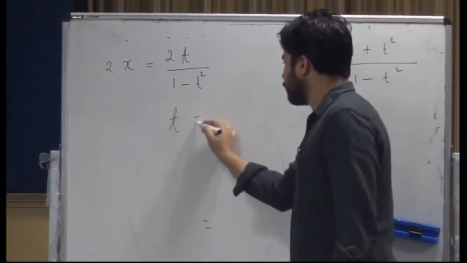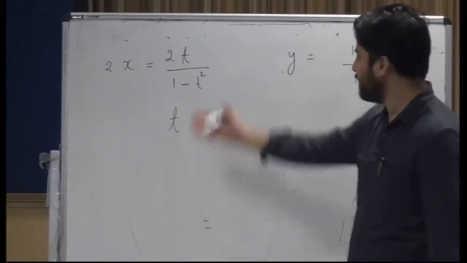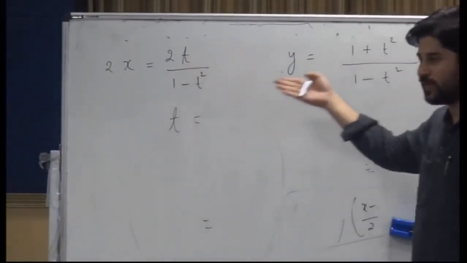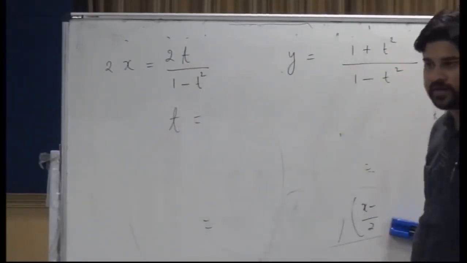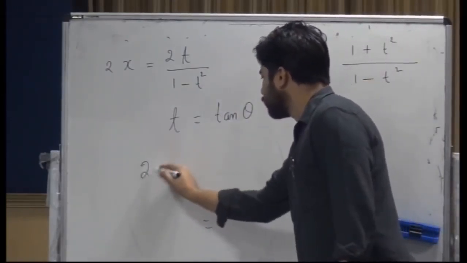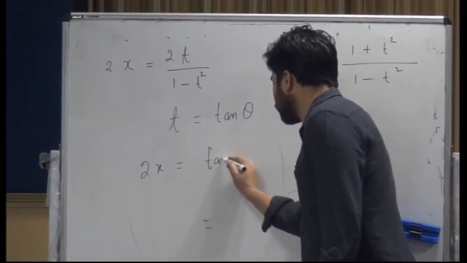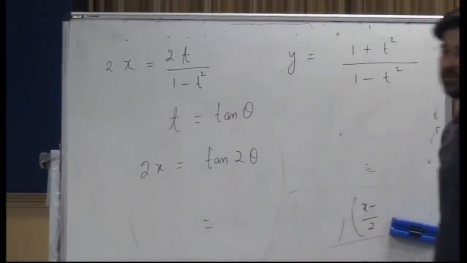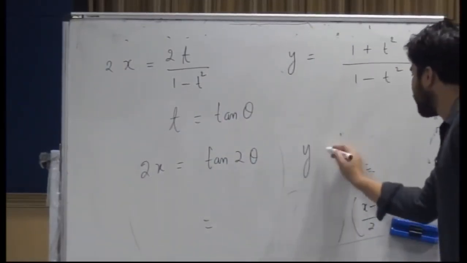Now, what are you going to write? t is equal to, definitely it's setting on tan theta, right? 2 tan theta upon 1 minus tan square theta, and 1 plus tan square theta upon 1 minus tan square theta. So I can write t as tan theta, so 2x will be tan 2 theta, and y would be equal to sec 2 theta.